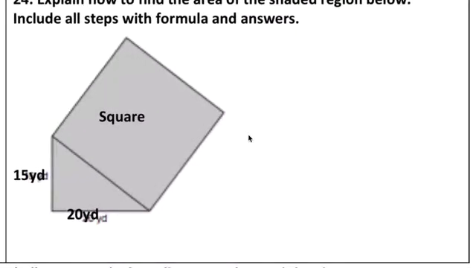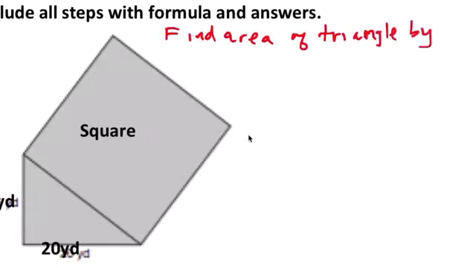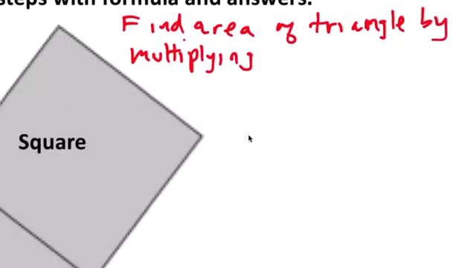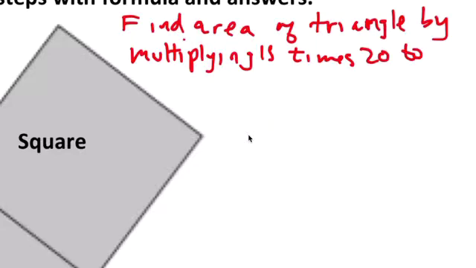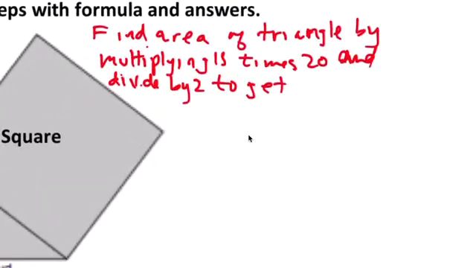Okay, let's first find area of triangle by multiplying 15 times 20 and divided by 2, to get 150 yards squared.